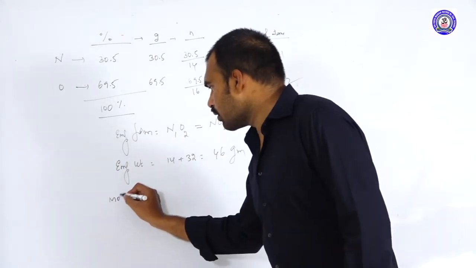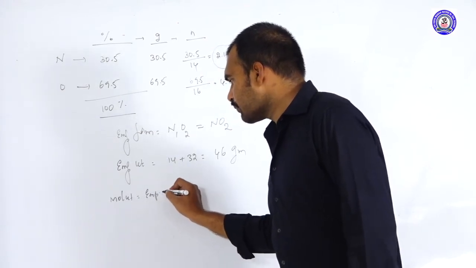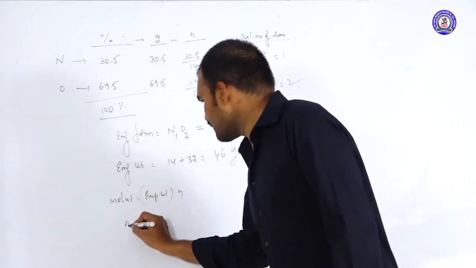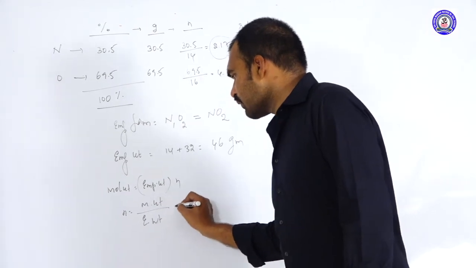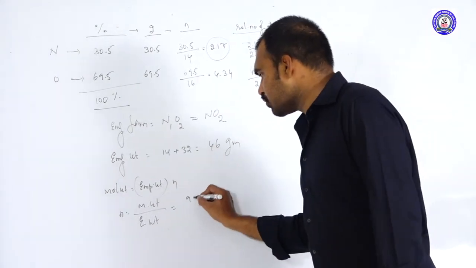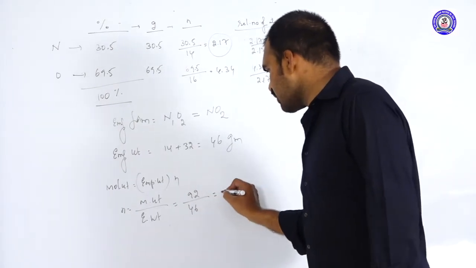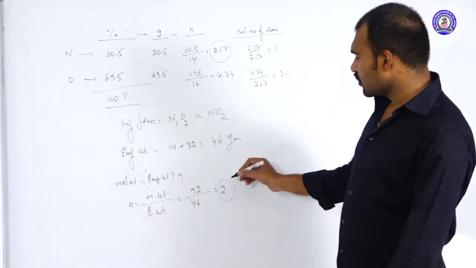As we know, molecular weight is equal to empirical weight into n. Then n is equal to molecular weight by empirical weight. That is equal to molecular weight 92 they gave in that problem, 92 by 46, that is equal to 2. N value we got, 2.